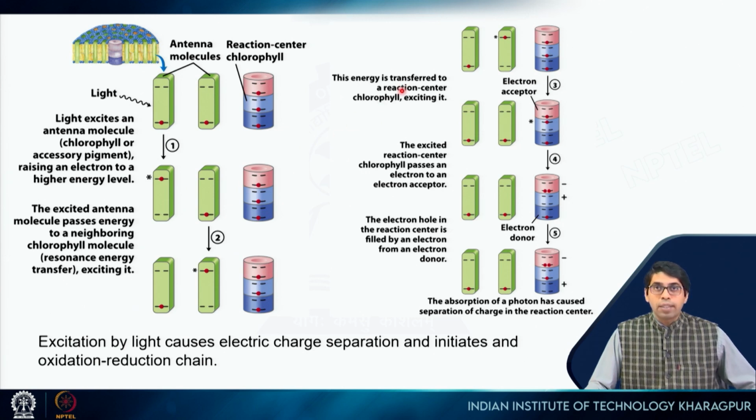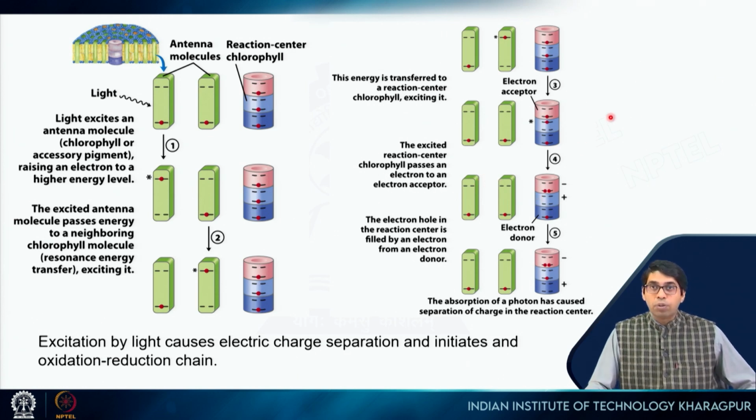Then the energy is transferred to the reaction center chlorophyll. So now this is a chlorophyll which is in the reaction center. This energy is passed on to this chlorophyll, so it goes from the ground state to the excited state. The excited reaction center chlorophyll passes an electron to an electron acceptor, okay. There is some molecule, we will see those molecules, that will pass on an electron to the electron acceptor, which means that an electron hole is created.